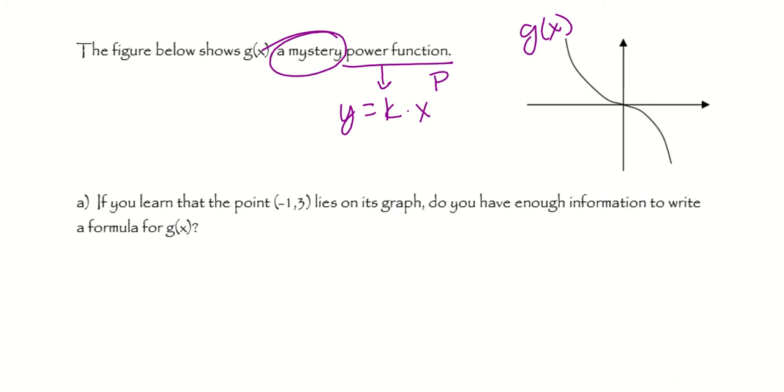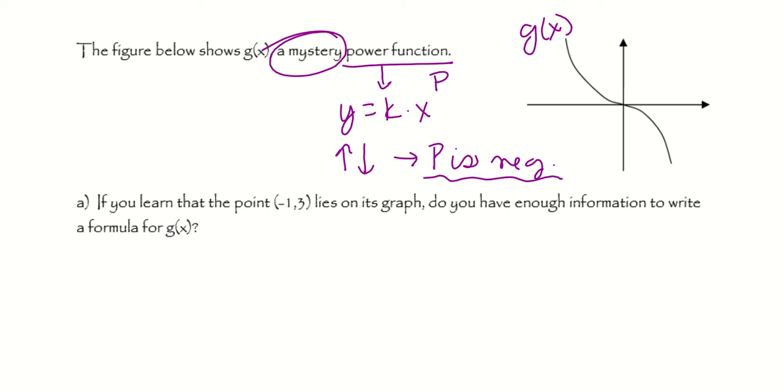So one thing I can look at is that this function has end behavior up, down, and it has the shape of an odd-powered function. So one thing I know is that p is going to be negative because it's flipped. Okay, now that's going to show up in our work, so you may or may not recognize that. It's okay. Let's look at what happens after this.